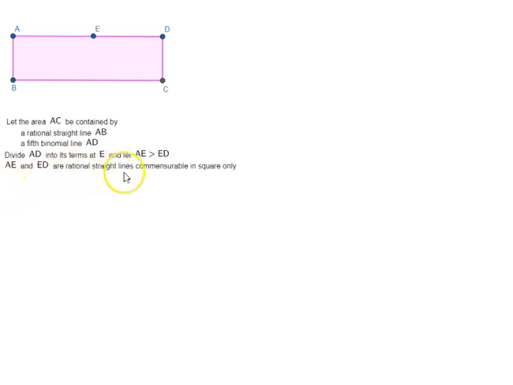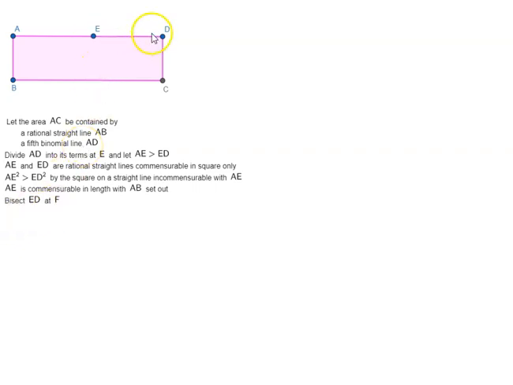AE and ED are rational straight lines commensurable in square only. AE square is greater than ED square by the square on a straight line incommensurable with AE, and AE is commensurable in length with AB set out. Now all these three statements are based on the definition of the fifth binomial line.